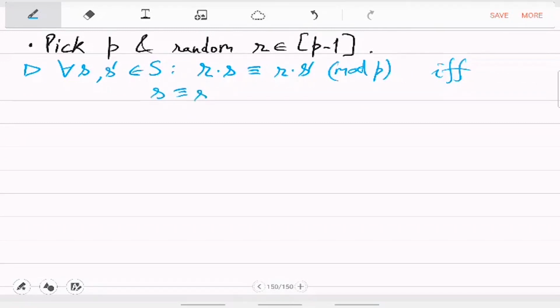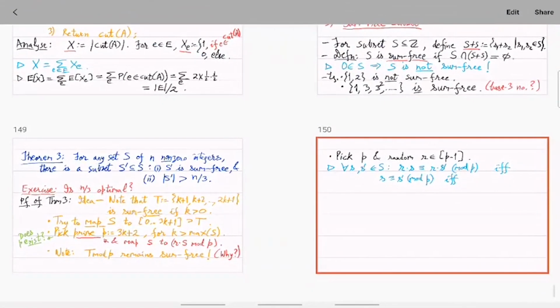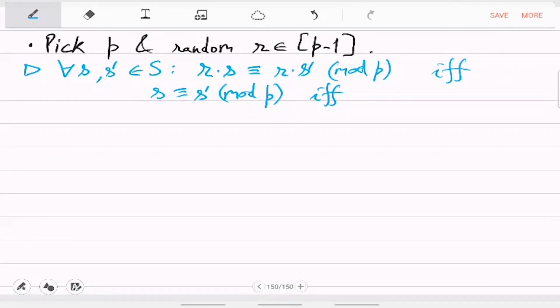S congruent to S prime mod P, which is the same as, well, note that P has been chosen 3 times bigger than the values in S, right. So when you reduce S by P and S prime by P, you get the same number. So this is really the same as S and S prime equal.